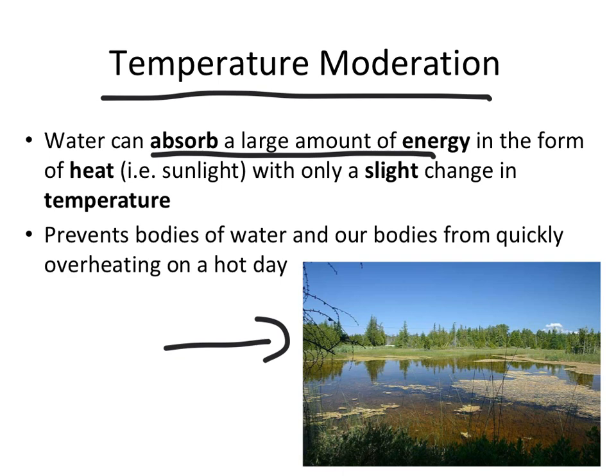Similarly, we have a lot of water in our bodies, and if we were out in the sun, we wouldn't want our body temperature to go through the roof and rise really quickly, but fortunately that water in our body can absorb a lot of heat without changing temperature. Now, at first glance, this doesn't seem to have a lot to do with hydrogen bonds, but in reality, hydrogen bonds are essential for this process.